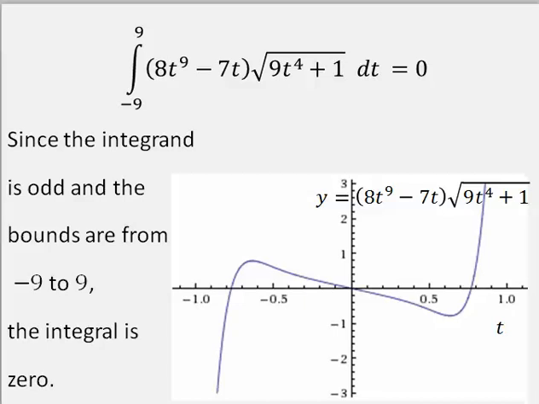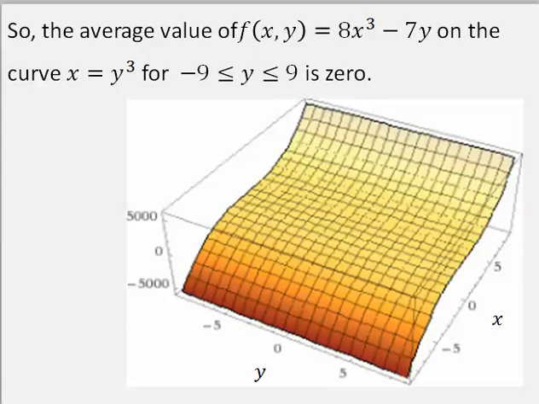And that's because the area under the curve is 0 because of that symmetry. So that means that the average value of our surface on the curve with y going from -9 to 9 would also be 0.